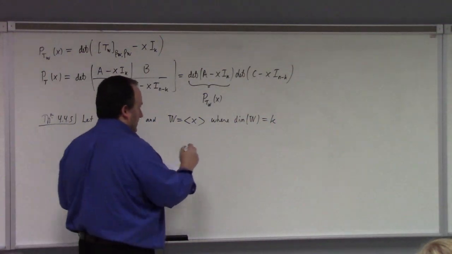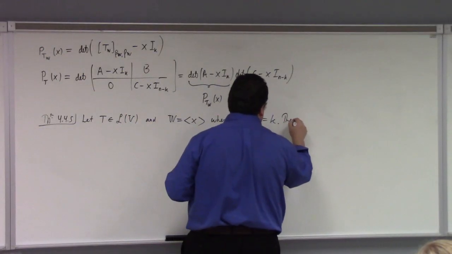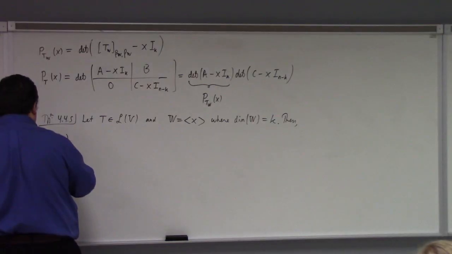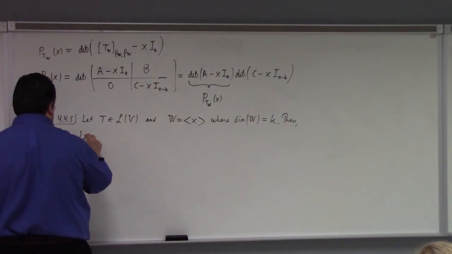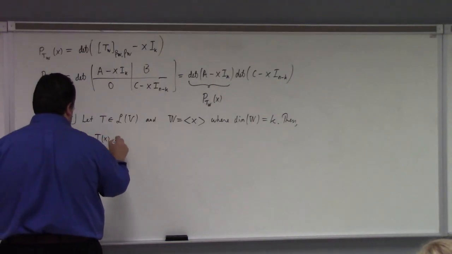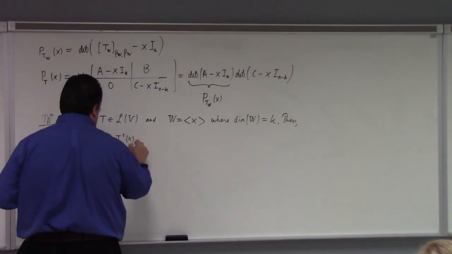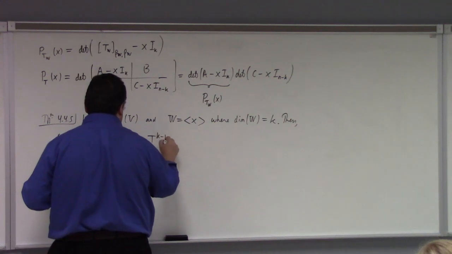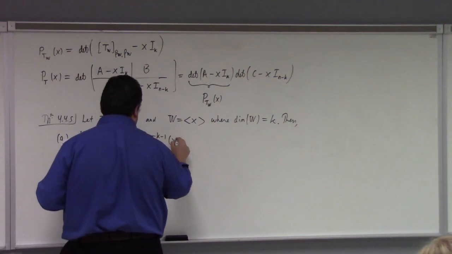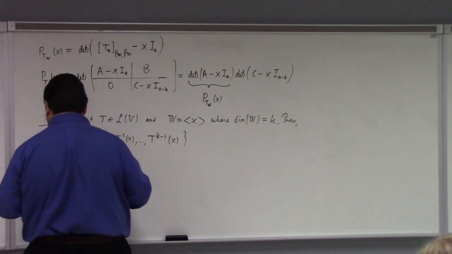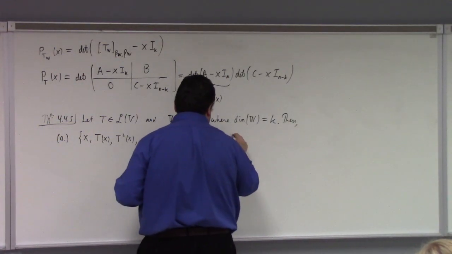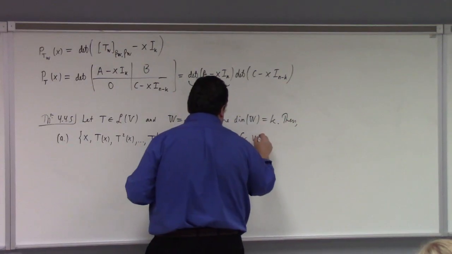Then, part A: the set x, T of x, T squared of x, all the way on down to T^(k-1) of x. There's a typo in my notes right here; I'm missing the of x on this last one. All right, is a basis for W.